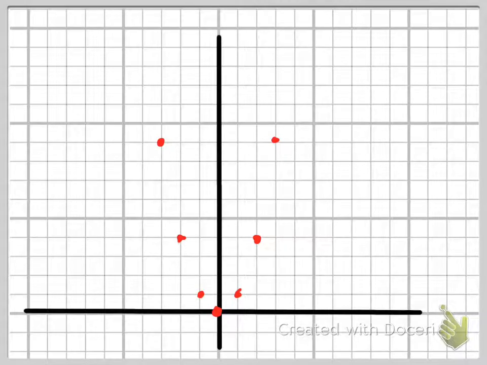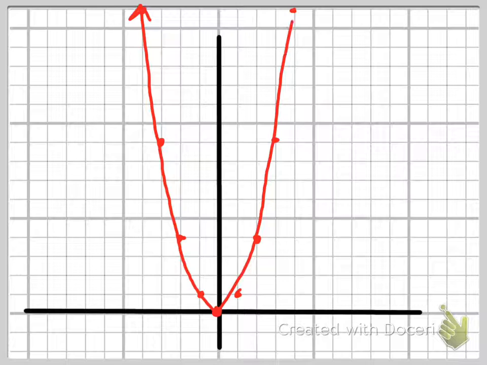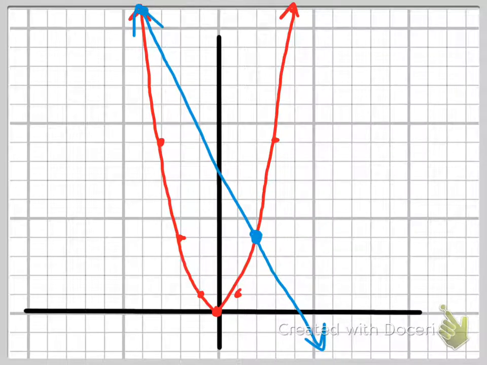And our last point here is up here at (-4, 16) and (4, 16). So there is our parabola. At this point up here, and at (2, 4), that's the line. And I want to find the equation of that line.